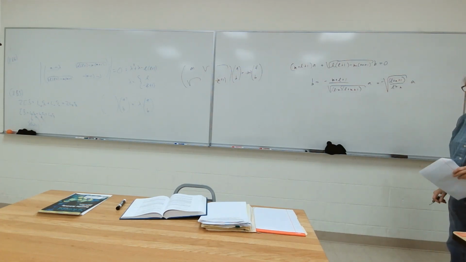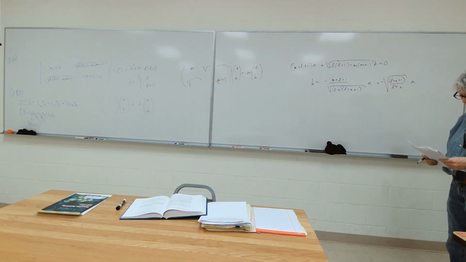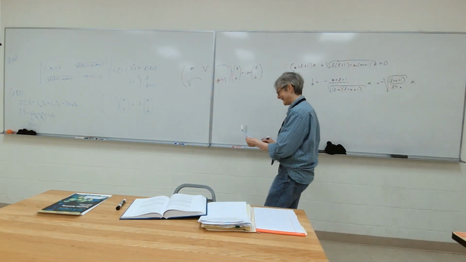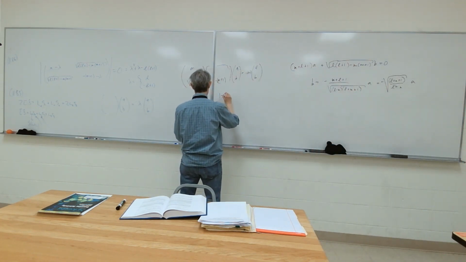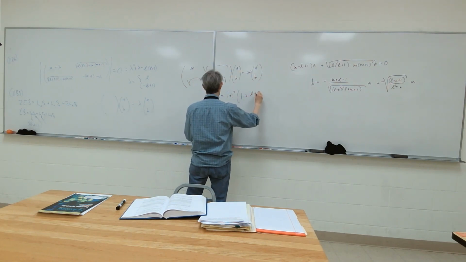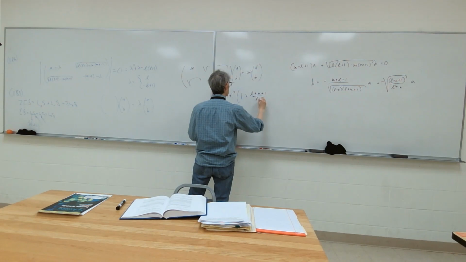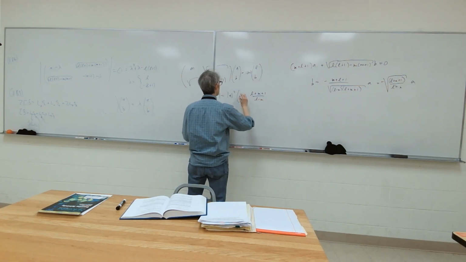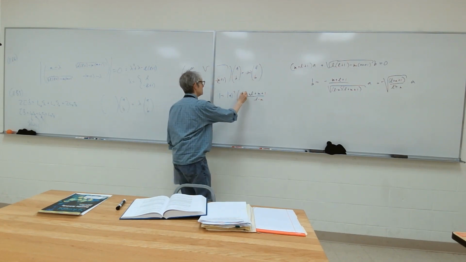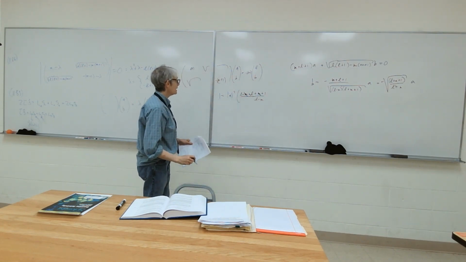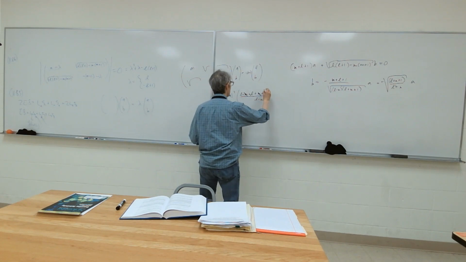There we go. Then, using normalization, we get 1 equals the absolute magnitude of A squared times 1 plus L plus M plus 1 over L minus M. This is the same thing as L minus M plus this, and the M's go away, and I just get 2L plus 1.